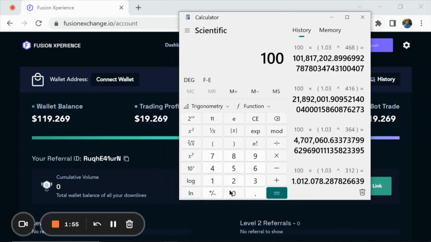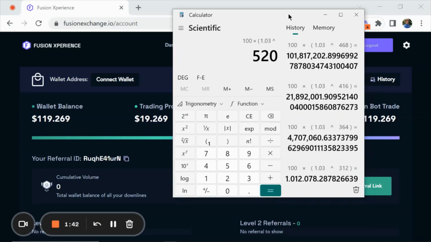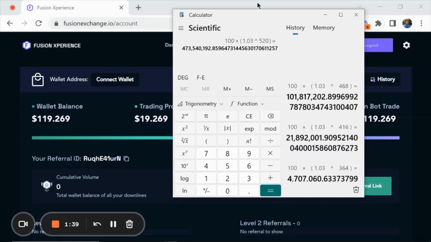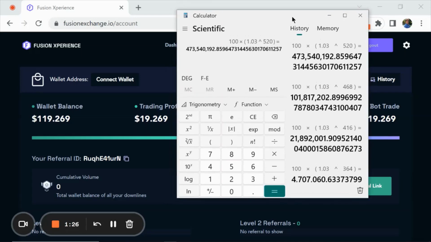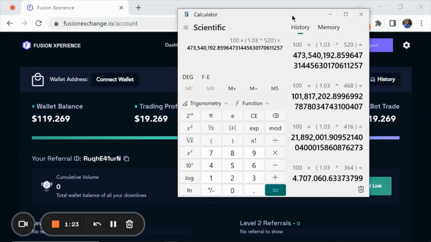And if we were to take this out again to 10 years, you're looking at a total term of 520 weeks, 52 weeks in a year's time, 520 weeks, and that's going to yield you $473,540,192 if you just leave your $100 in an account that is going to compound at 3% weekly.